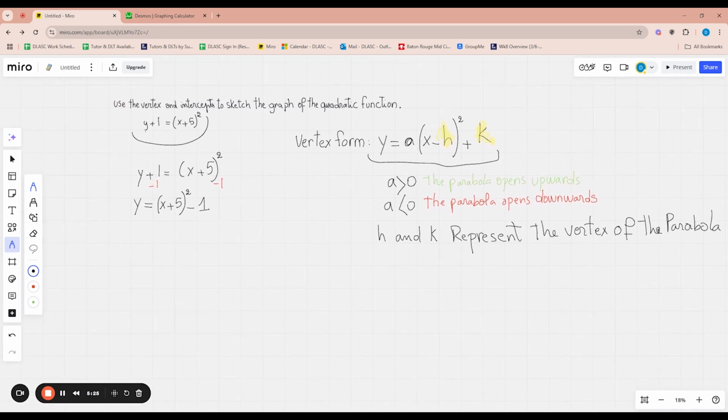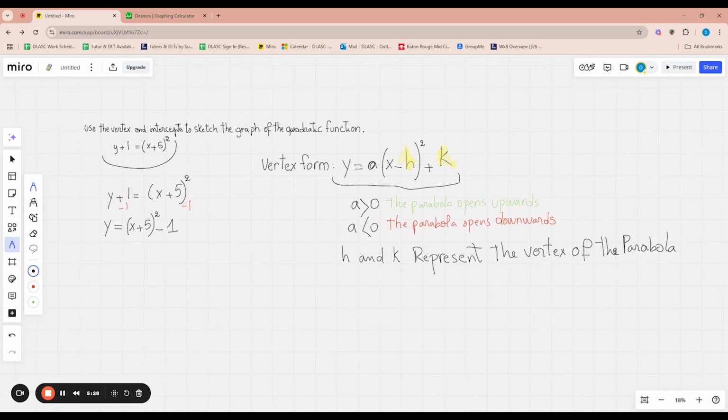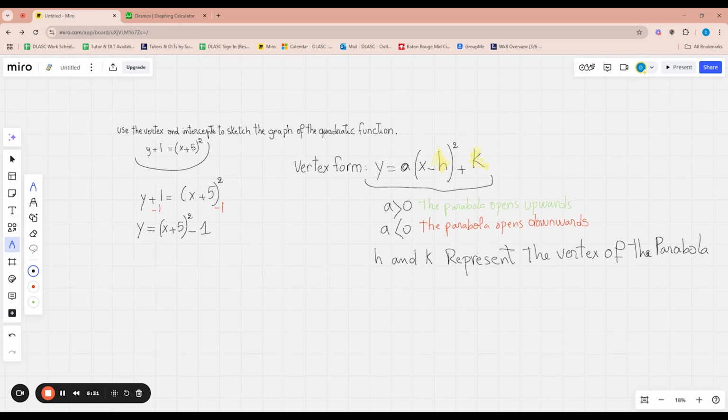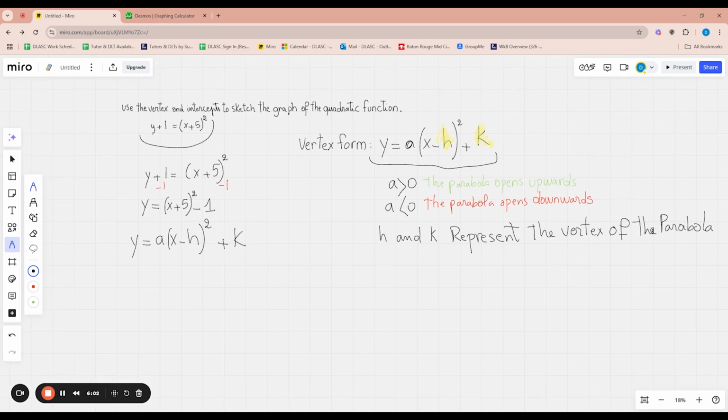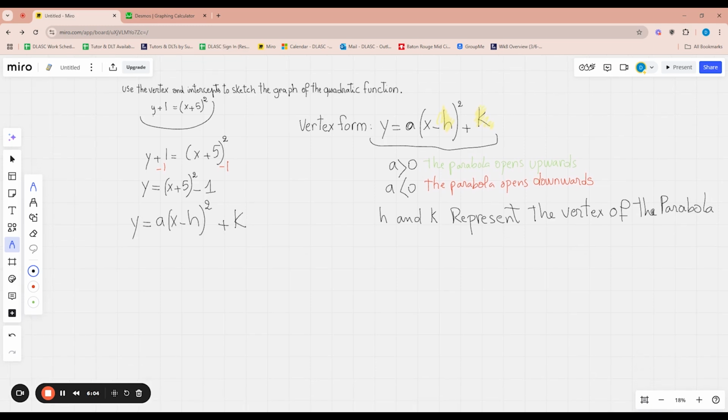Okay, so now let's find the vertex. I'm gonna rewrite the vertex form under this, so I can show you how I'm gonna find h and how I'm gonna find k.